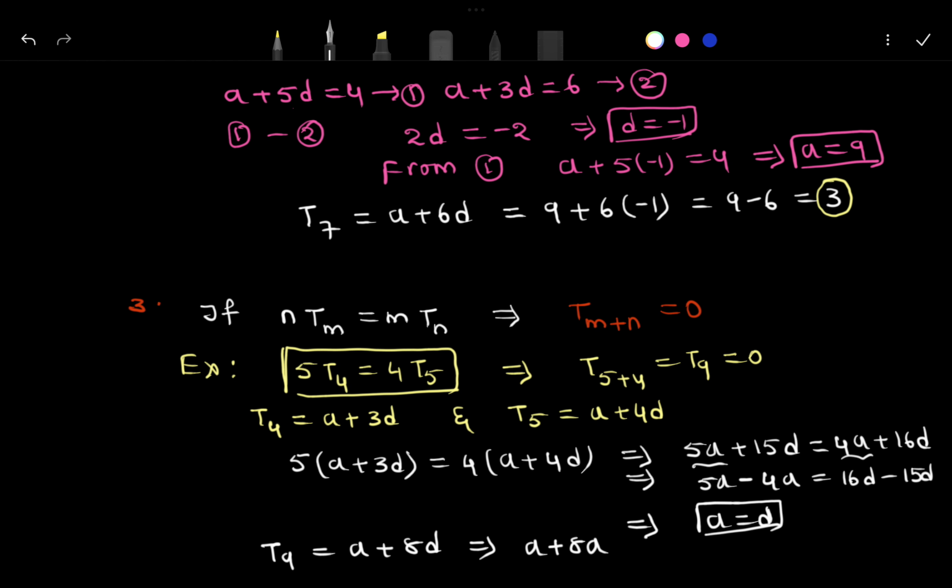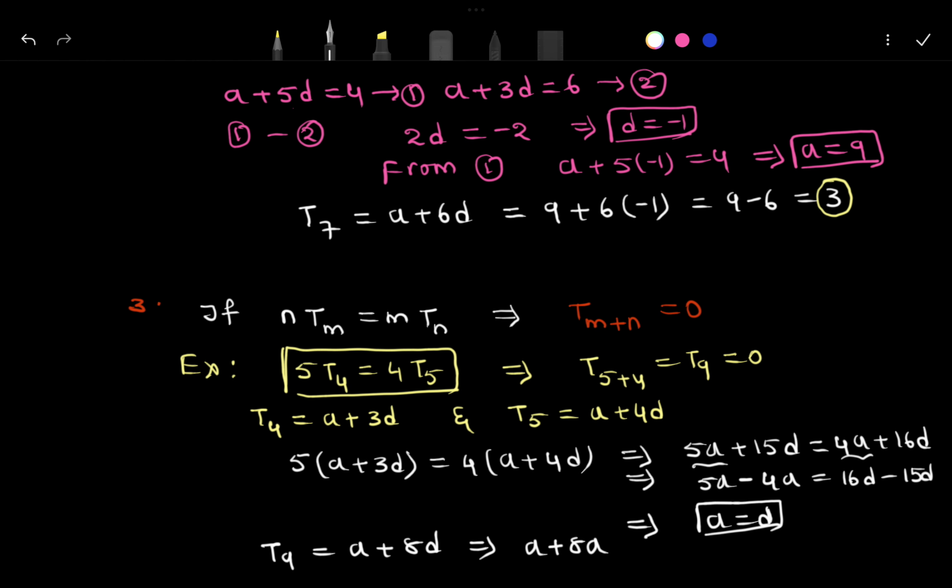Once you check this one, there is a mistake in this formula. The m plus nth term should be equal to 0. M plus nth term equal to 0 means how can you substitute this value? A is equal to D, you can check it.